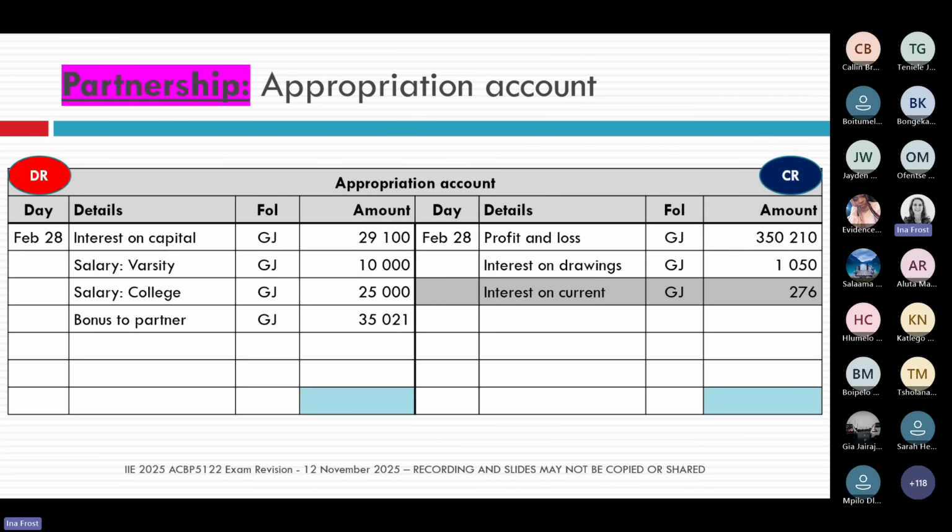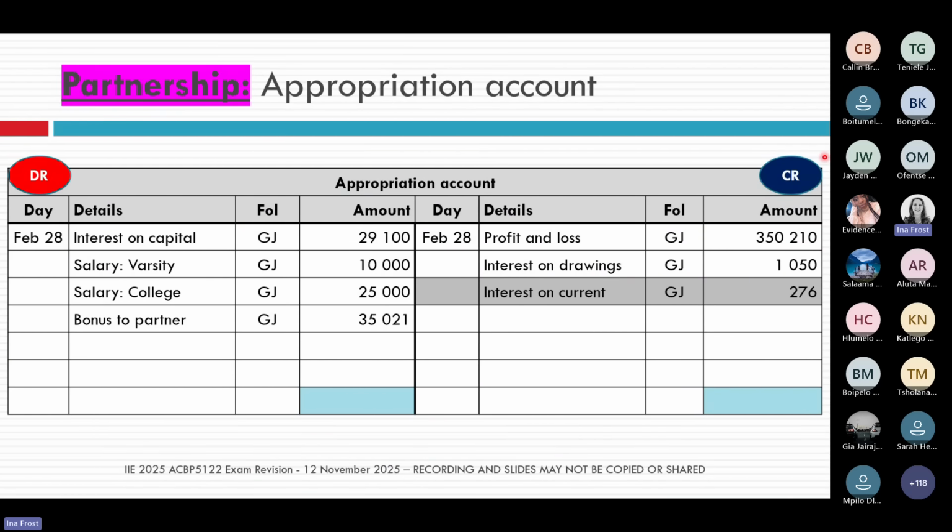Into the appropriation account, we now close off all the accounts that were in the current account. You can see we're closing off the interest on capital, interest on drawings, interest on current account, the special salaries, and the bonus paid to the partner. Interest on capital, salary, and bonuses are always on the debit side.